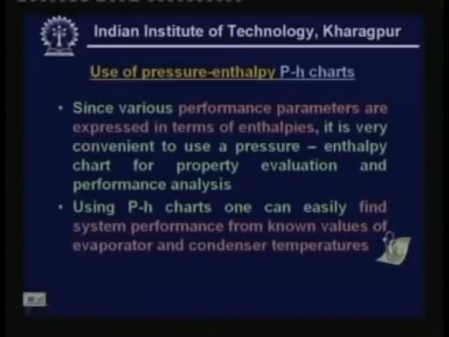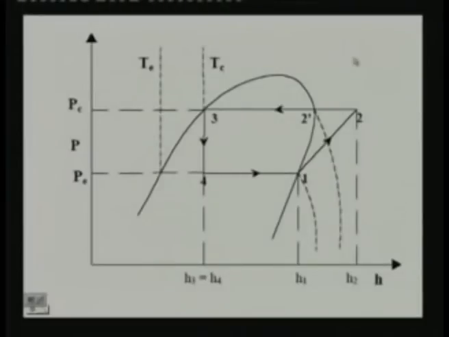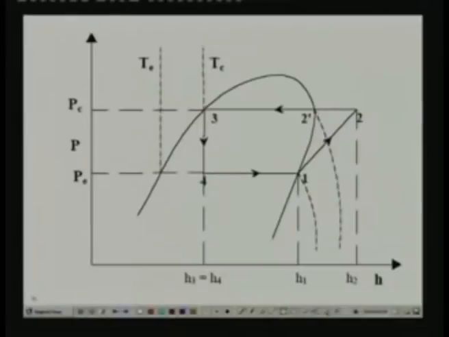Let me show this pH chart. So this is a typical pH chart. Here the x-axis is enthalpy and the y-axis is pressure. Normally the pressure is drawn on a semi-log plot so that at the lower temperatures the plot opens up.